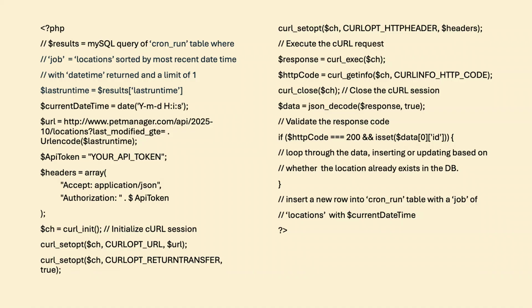I also get the current date time. So before I do the run, before I make my GET request, I get the current time that I'm doing this. I do this at the beginning and not at the end, because if you do it at the end, there could be a few second gap and now you're missing records. So you do it at the beginning. You set your URL, and you'll notice in this example, I've got a parameter, last modified, and oftentimes you'll notice that this one is underscore GTE, greater than or equal.